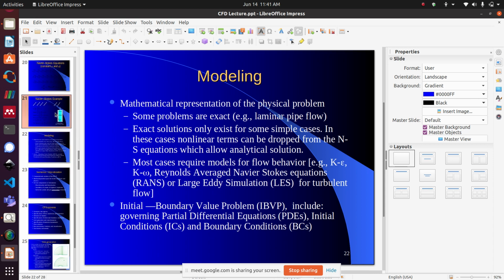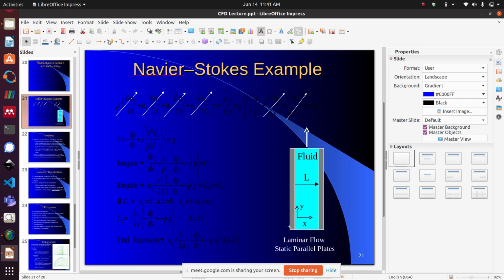I think I'll show you this case. See, in this case, you have fluid flow between two parallel plates. You must have derived the governing equation. From the governing equation, you must have found the solution for the problem.